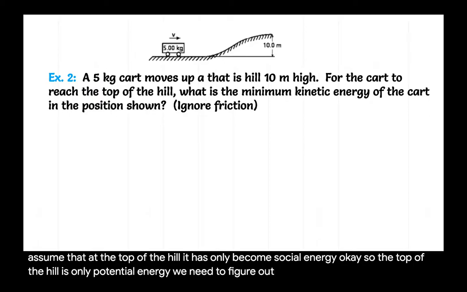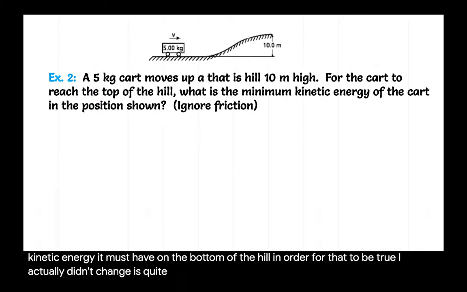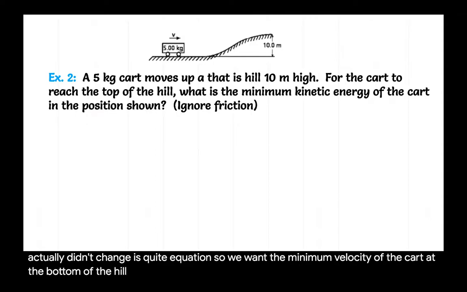We need to figure out what velocity it must have, or what kinetic energy it must have on the bottom of the hill in order for that to be true. Actually, we're going to change this equation. So we want the minimum velocity of the cart at the bottom of the hill. We're going to solve for the minimum velocity of the cart at the bottom of the hill.